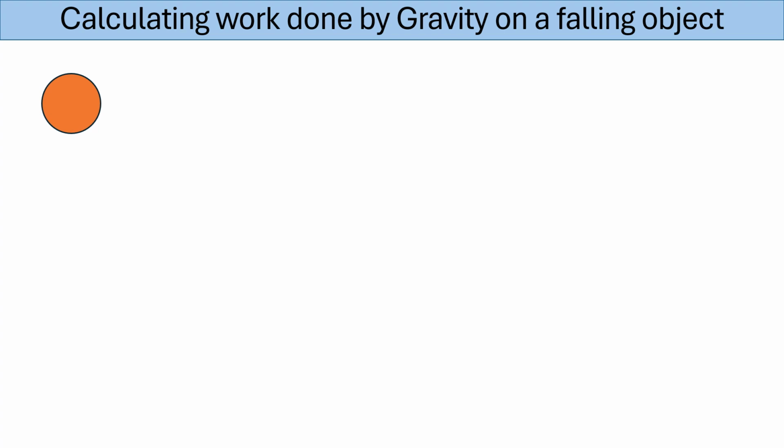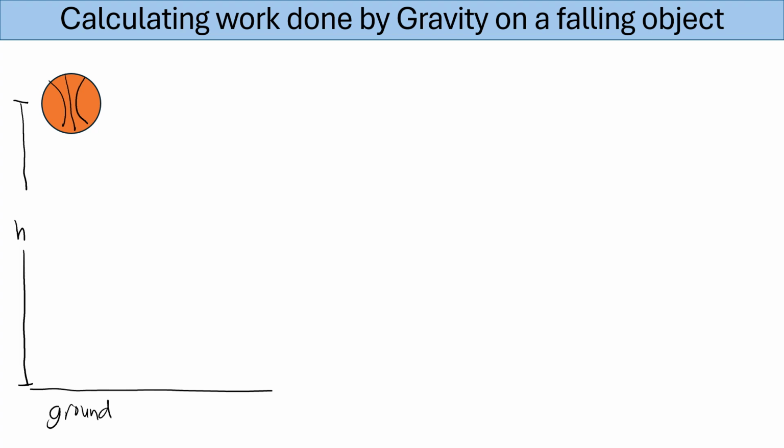Now let's consider again a falling ball, and let's draw the ground here. This ball has some height from the ground. Just as I have taught you in projectile motion, we always consider that the start of our motion is our origin.